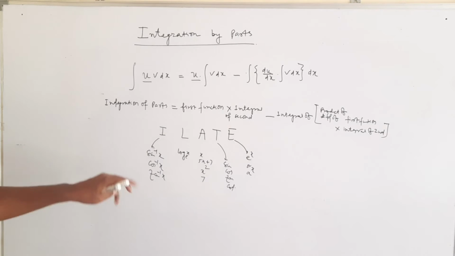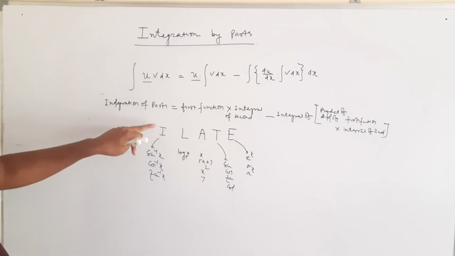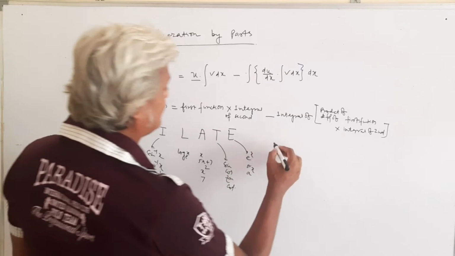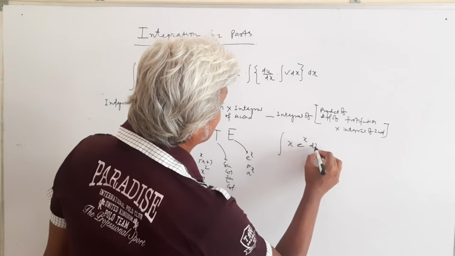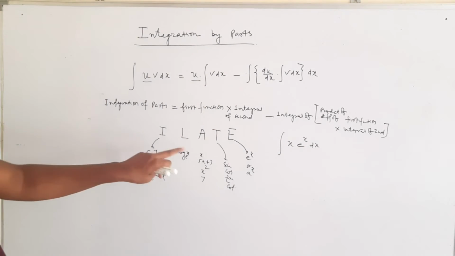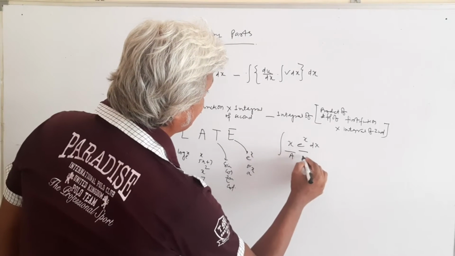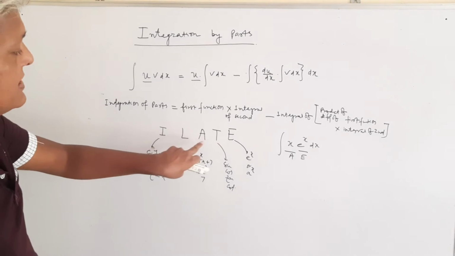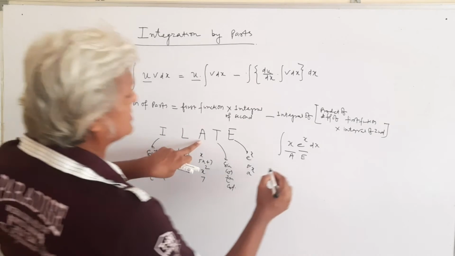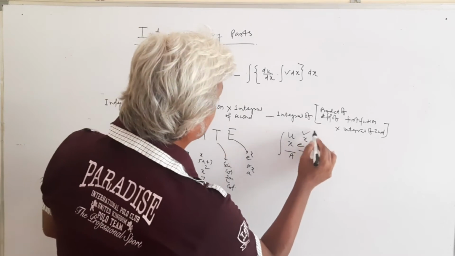So this is the order when your function is the product of two functions. For example, suppose I have the integration of x e to the power x dx. The rule says x is algebraic, that is A, and e to the power x is exponential, E. A comes before E, so A will be your first function, that is u, and e to the power x will become v.